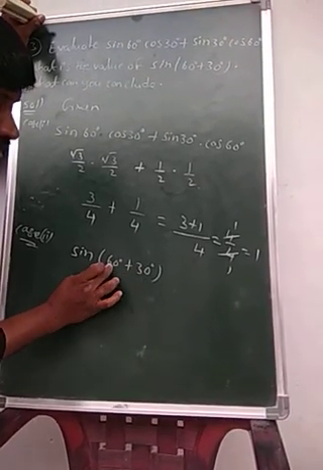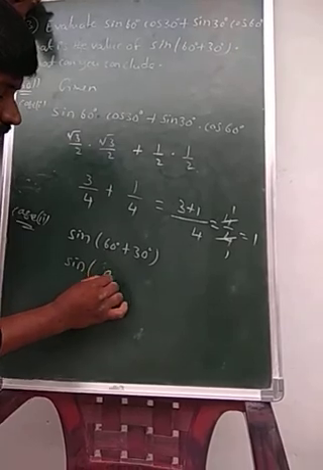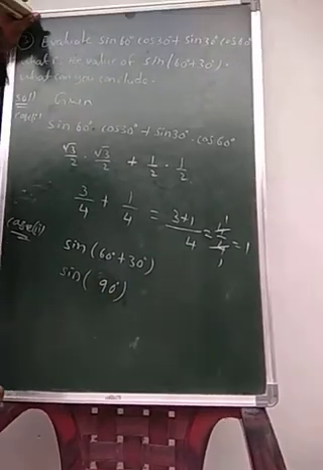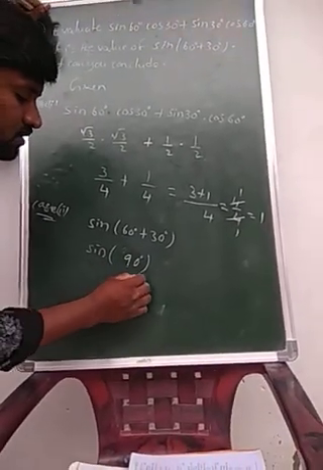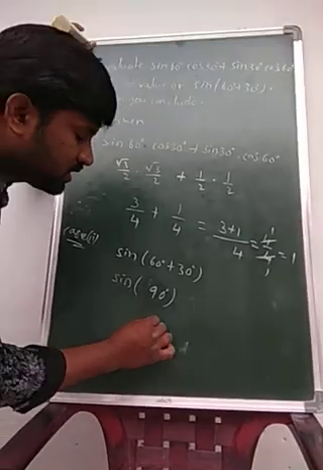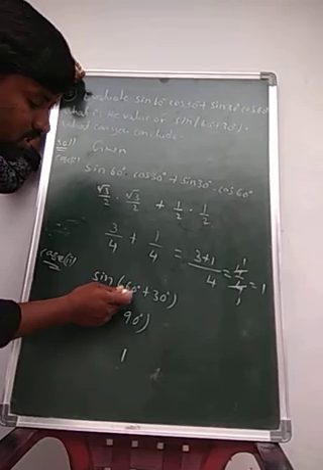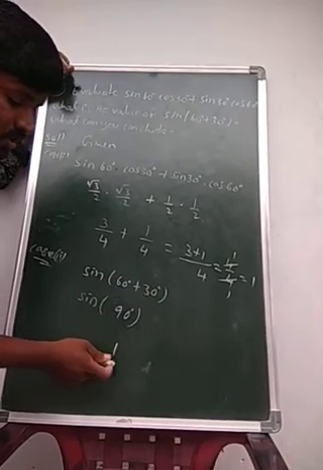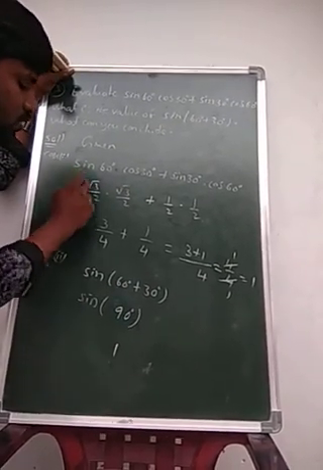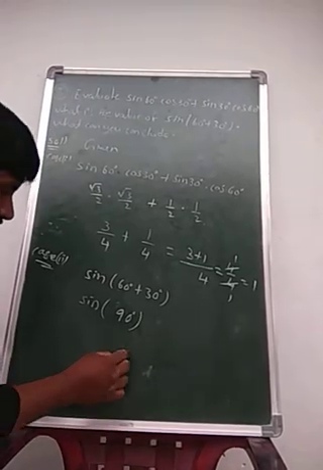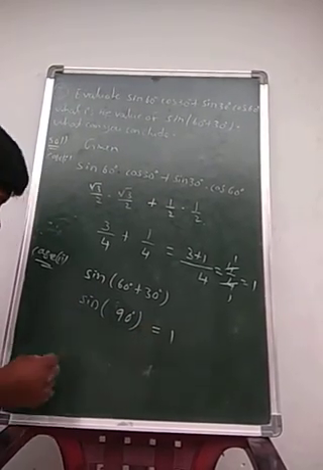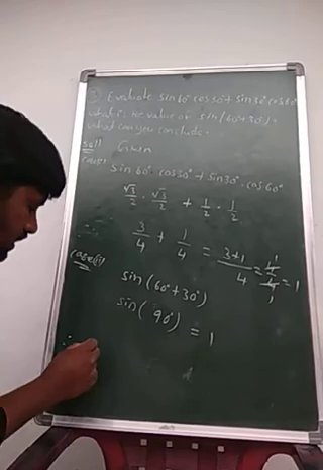Sin 60 plus 30 means that is 90 degrees. Sin 90 degrees means that is 1. So here sin of 60 degrees plus 30 degrees we get 1. And we can conclude that the required value is 1.